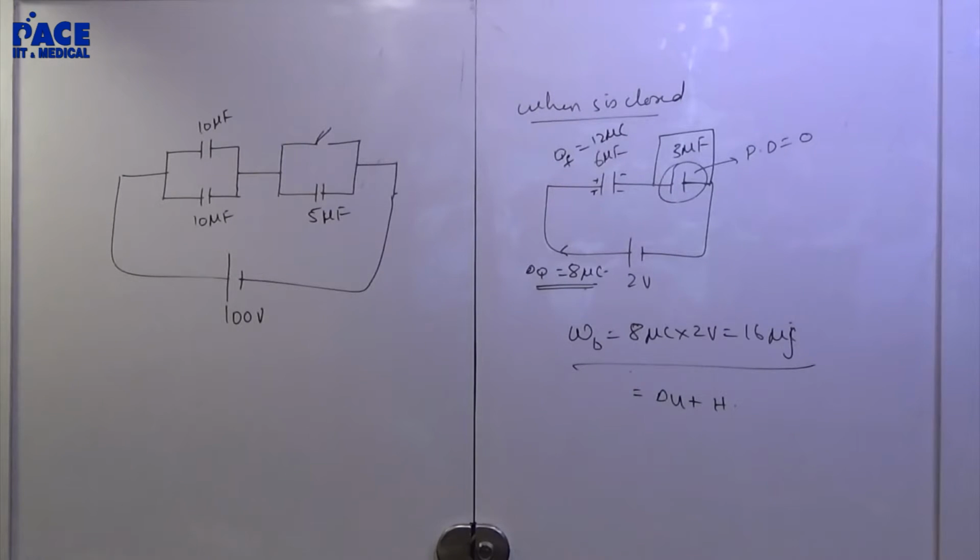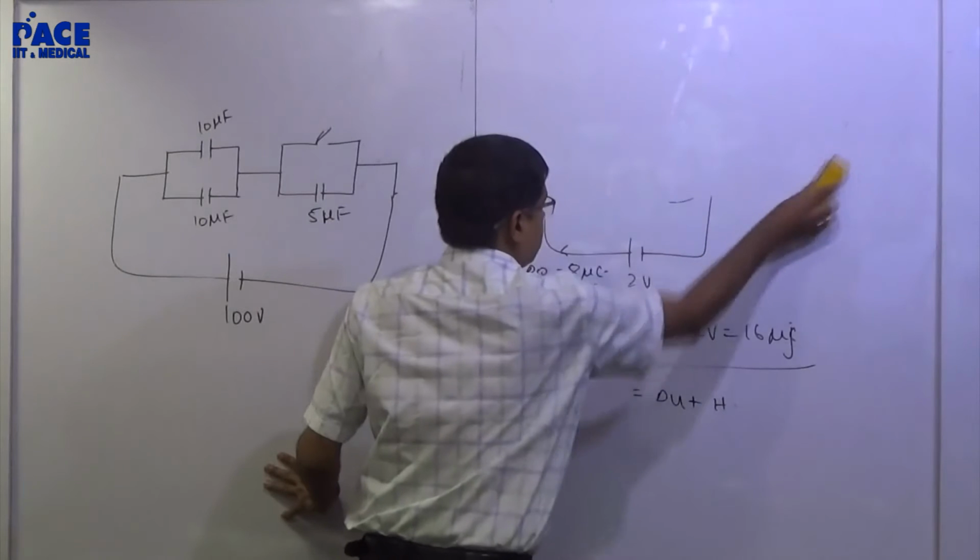Yeah, 16 into 10 raised to 4 microjoules. So 16 into 10 raised to 4.